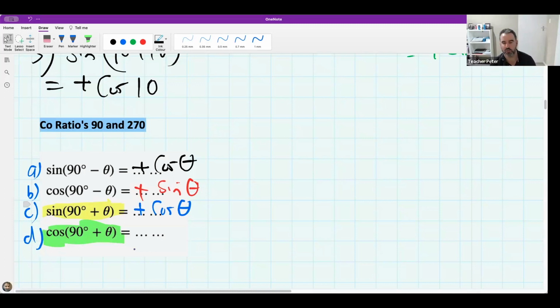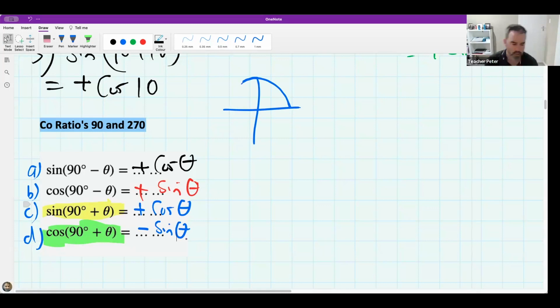What's the last one going to be? So in the second quadrant, which is where 90 plus theta is, cos is actually negative. And so it would be negative sine theta.